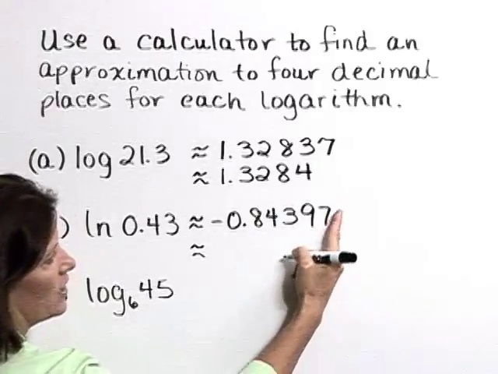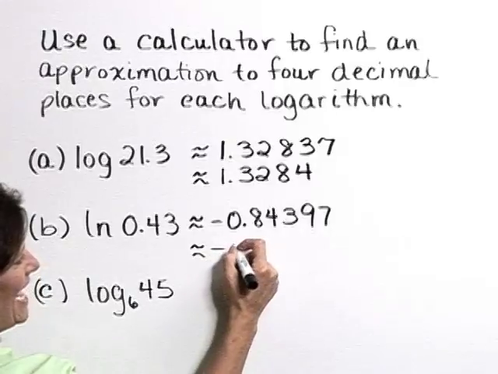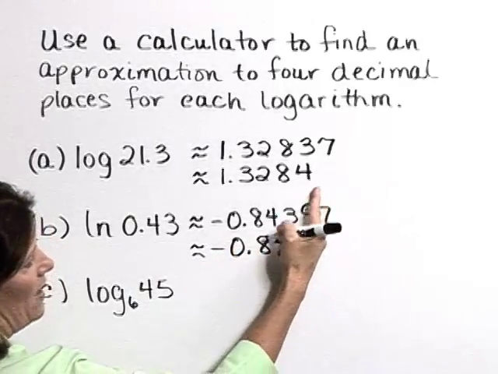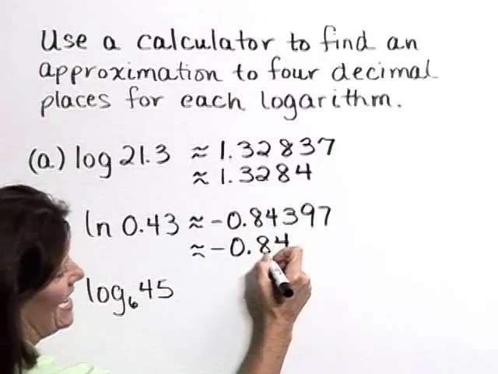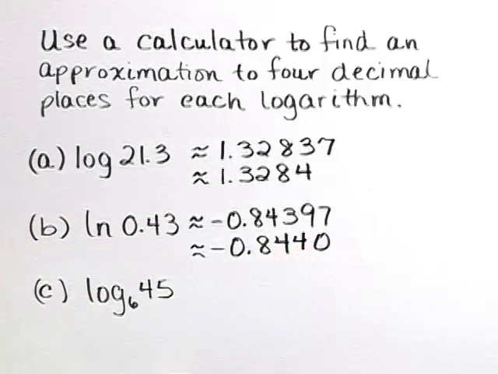This 7 is going to cause that to round up. So we'll write this as a negative 0.84. Now as we round that up, that 9 is going to carry over. So this is a negative 0.8440.